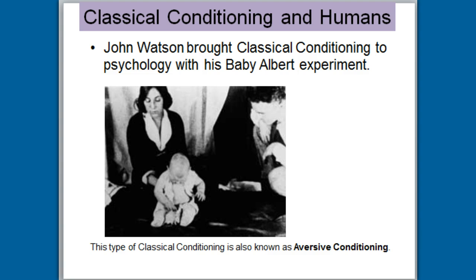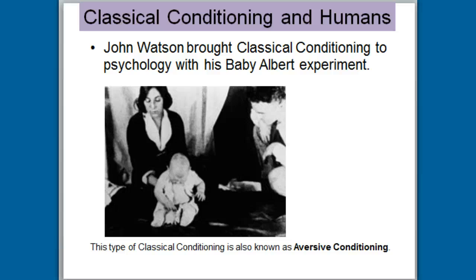All right, now we're moving on to classical conditioning in humans. And here we have the famous experiment by John B. Watson, classical conditioning on baby Albert. I'm not going to read the whole thing to you. It's online if you're really interested in the details of the baby Albert experiment.